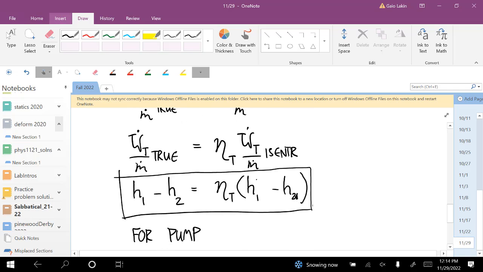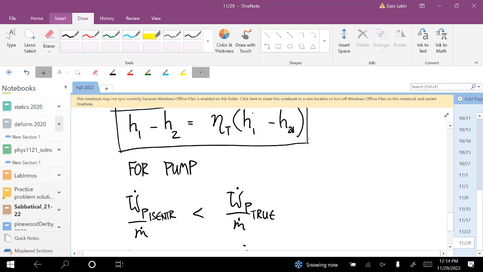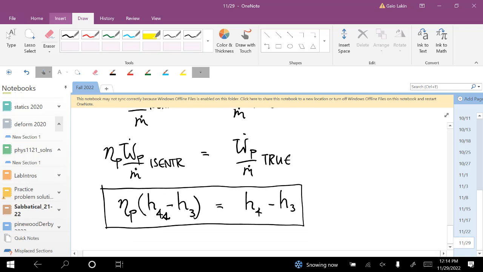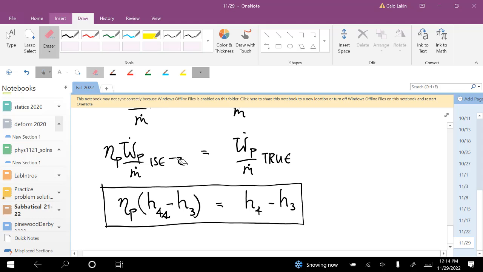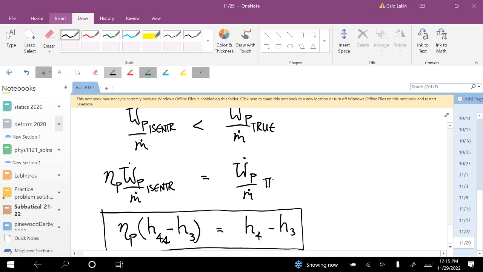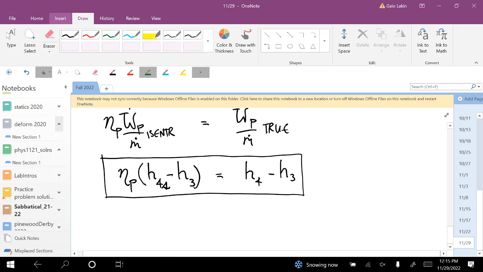Yes, I did. Right, you're exactly right. So this should be true. This should be isentropic. You can think it through that way. I just did not do it successfully. So this should be true. And that means that this should be 4 and this one should be 4s.